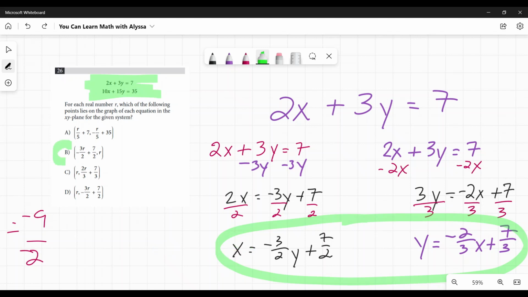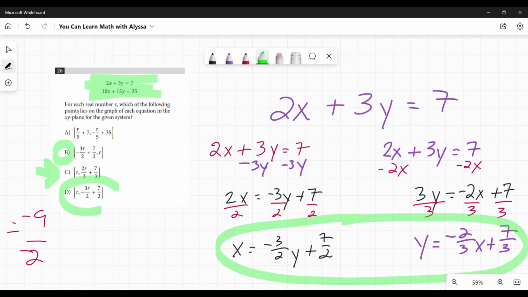So this is a possibility. Okay. Next one, 2r over 3 plus 7 over 3. That's very close to this, but not exactly. It's negative in mine. So I don't think that's right, but because this is a little oddball, I'm going to look at it a little closer and see what's going on.